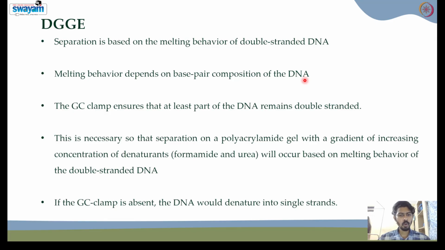What is the hydrogen bonding between A and T? Is it a double bond or a triple bond? It is a double bond, yes, that is correct. Whereas between C and G, it is a triple bond, yes. So among these two, which is more difficult to break, the AT bond or the CG bond? Anyone?